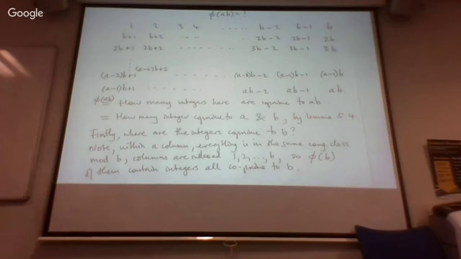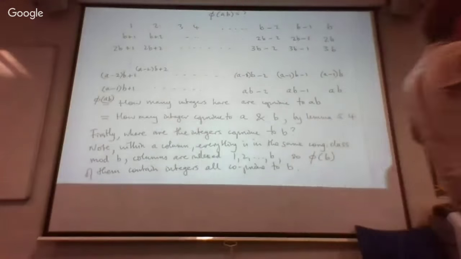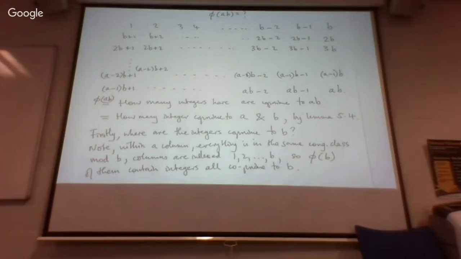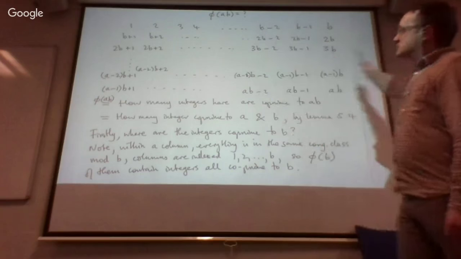So I want to make sure you follow what I'm saying there. We're speaking generally, so it makes the sentences a little bit awkward, but I've got B columns across the page.